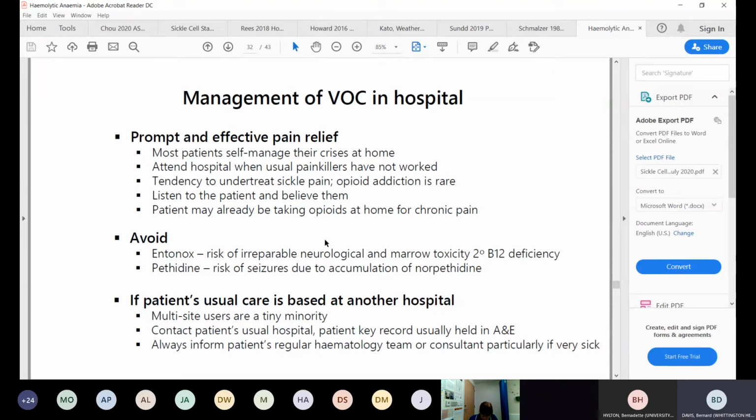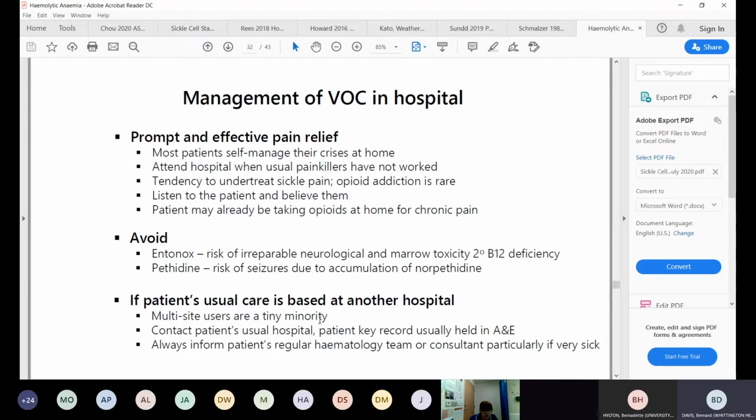It doesn't cause any problems when used for labor pain, but in the kind of frequency and duration needed for sickle crises, it does cause problems. We stopped using pethidine a long time ago because it can cause seizures in the doses that we use for treating sickle pain.